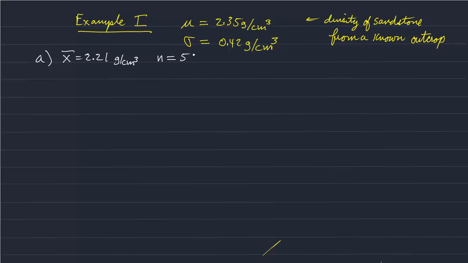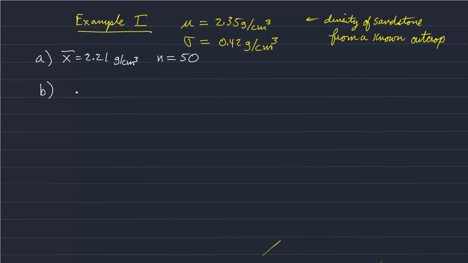Sample size is 50. So we know from our large sample that we have a safe bet that if we were to make repeated samples, our sample means would follow a normal distribution. So we're going to use Z as our key statistic.